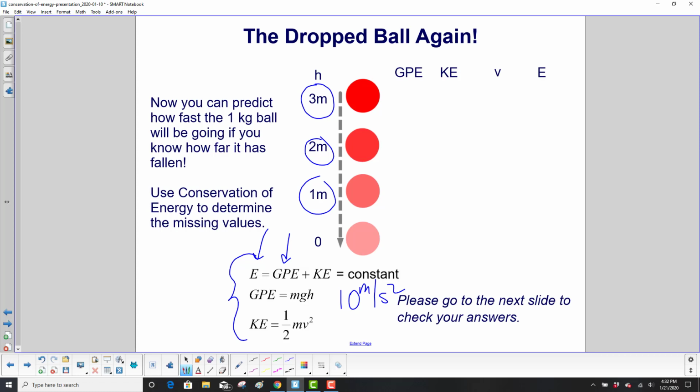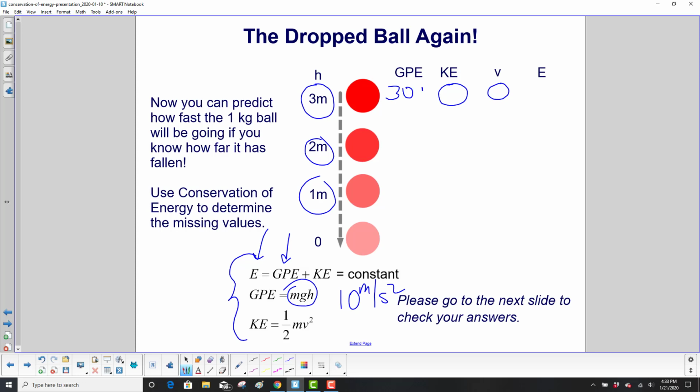So give it a shot here, and let's start with the top one. What's our velocity at the top? Well, it's at rest, so it's 0. So what's our kinetic energy? That also will be 0. So what is our gravitational potential energy? Well, it's mgh. Mass is 1 kilogram times 10 meters per second squared, well, that's just the number 10, times the height 3, and we get 30 joules.